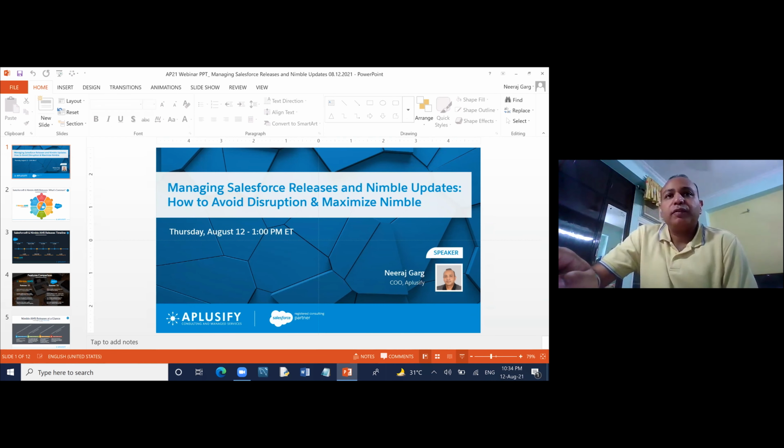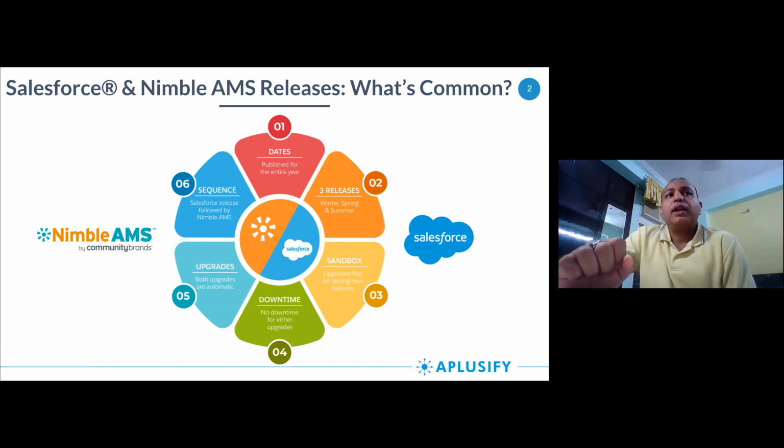Before we start, let's understand how Salesforce and Nimble AMS releases are similar. For both Salesforce and Nimble, the release dates are published for the entire year.